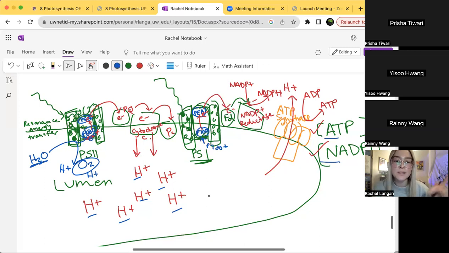No, it's not a problem because it's all connected. PC over here doesn't just take electrons and that's the end. PC gives electrons to P700, and that's why we don't need water over there. And that's why technically what starts way over here does connect all together.